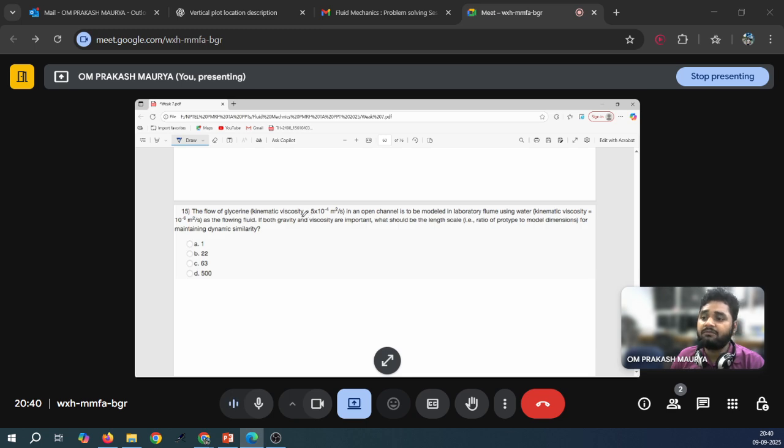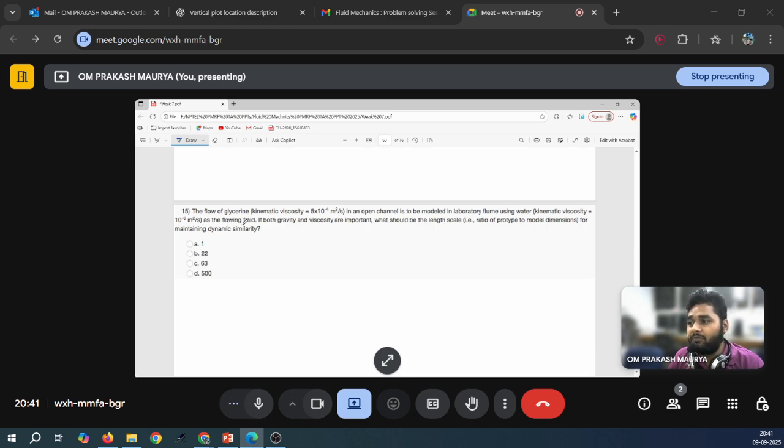Laboratory flume means in the lab one channel is formed. When we construct a channel inside the laboratory, that channel is known as a flume. Remember please, so don't be confused. The kinematic viscosity of water is 10 raised to minus 6 meter square per second.